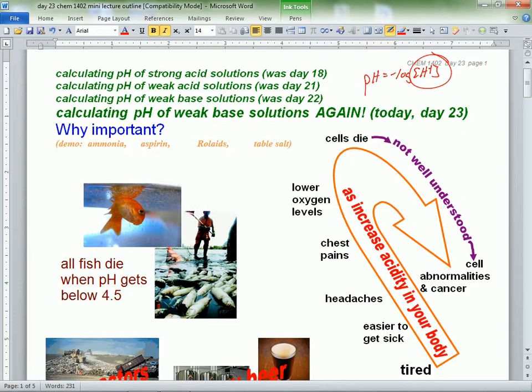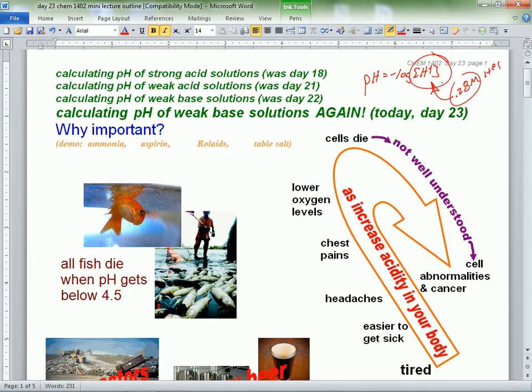Exactly, right? Because it's a strong acid. So if you have 0.28 molar HCl, well, heck, you know what the concentration of H is, because this is a strong acid. Exactly.